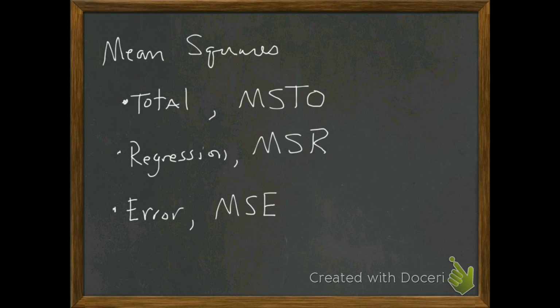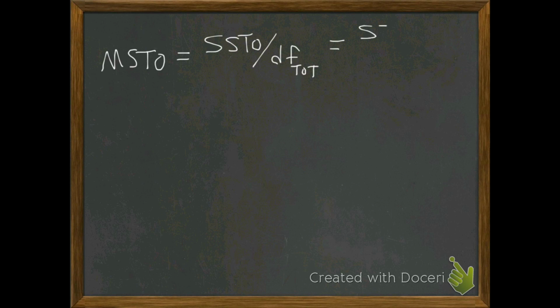It turns out that the mean square for the total is nothing more than the sum of squares for the total divided by the degrees of freedom for the total, which is the sum of squares for the total over n minus 1.